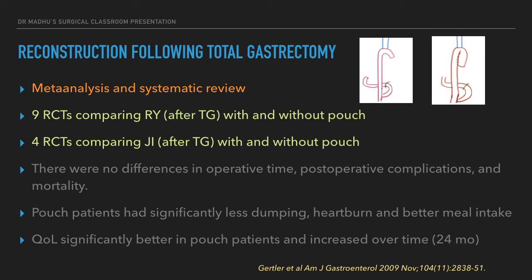Pouch patients had significantly less dumping, less heartburn, and a better meal intake. And the quality of life was significantly better in pouch patients, and it increased over time. But at the end of 2 years, pouch patients had better quality of life. So this particular meta-analysis argues for a construction of pouch along with a jejunal interposition limb.